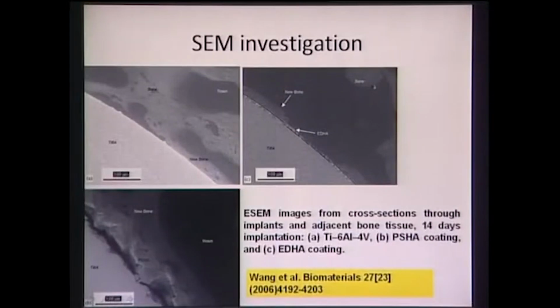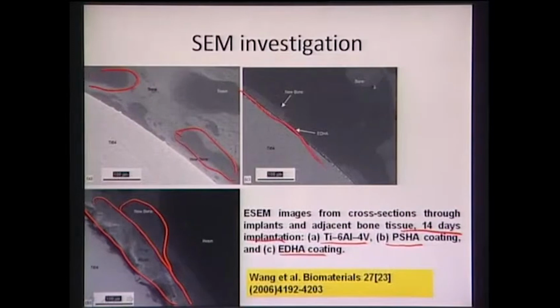So this is after 14 days or 2 weeks of implantation on different materials like Ti6Al4V, PSHA coatings and EDHA coatings. Now in all these cases you can see the neo bone formation. Now Ti6Al4V, this is your implant. This is the region where the neo bone has been formed.